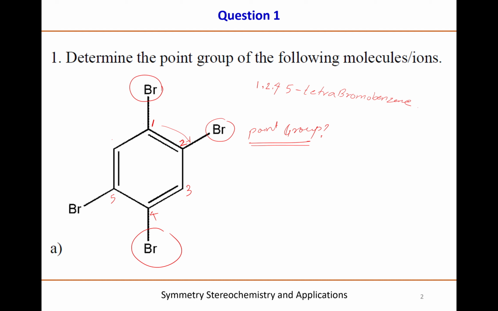A point group is nothing but a collection of symmetry operations that can be performed on the molecule to produce a conformation that is identical to the original one, or we can say indistinguishable from the original one. That is called a point group. So what are the different symmetry operations?